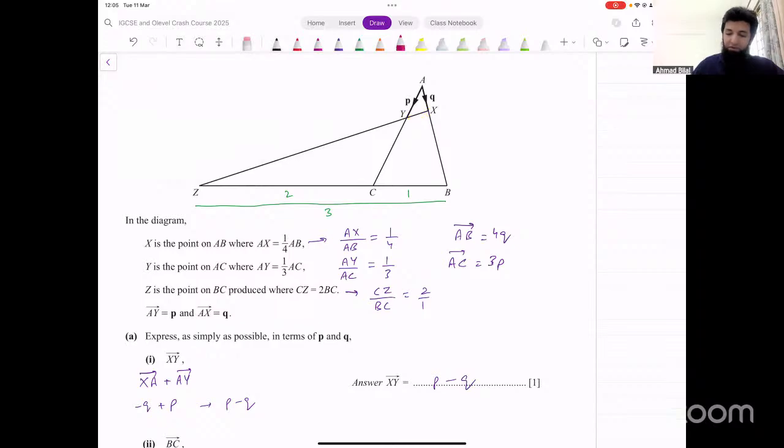We could say we go from X to Y and then Y to Z, but the problem is we don't know what YZ is, right? We know XY, but we do not know YZ, so that's not going to help.